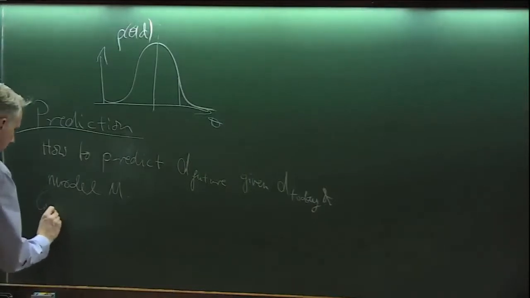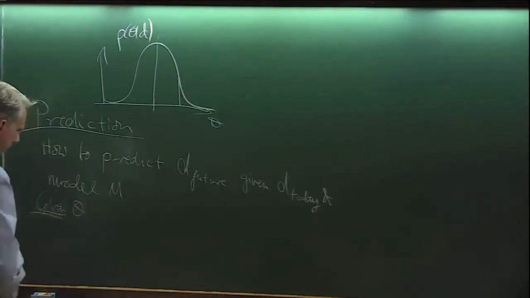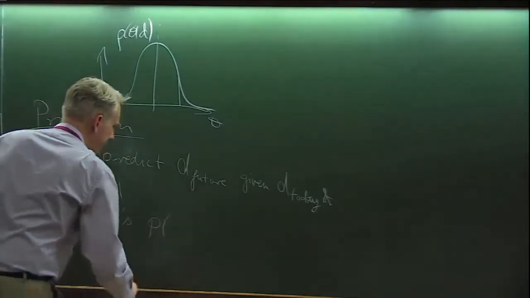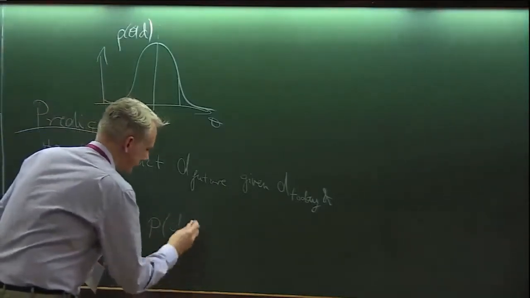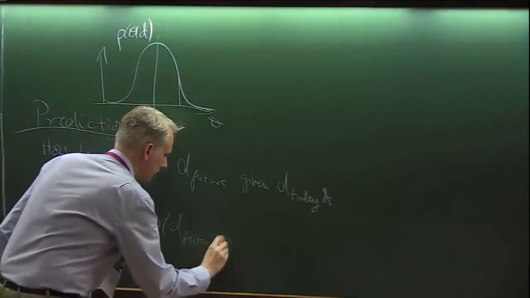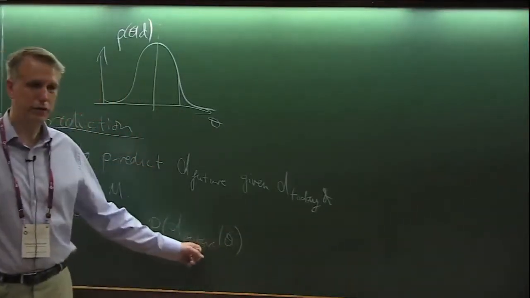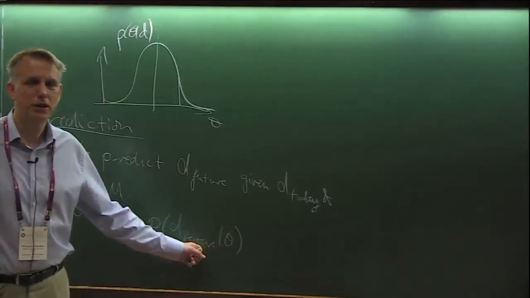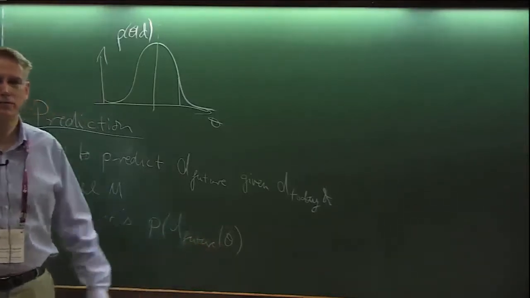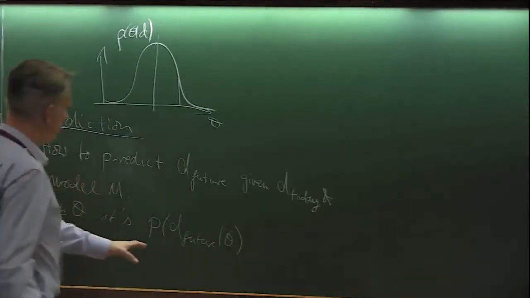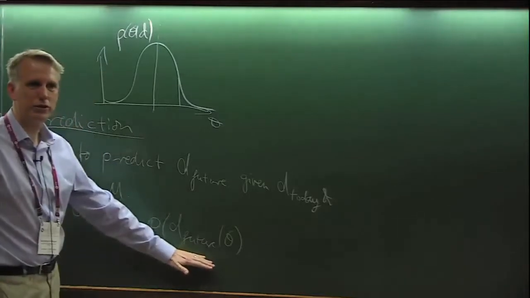So given theta, it's P of d future given theta. This is the likelihood for the future data, meaning your future data set might have whatever the noise sources are of the future data set, and that will have an impact on what this probability distribution is.